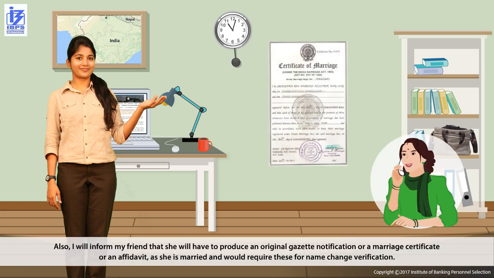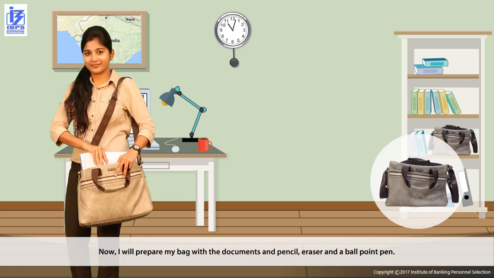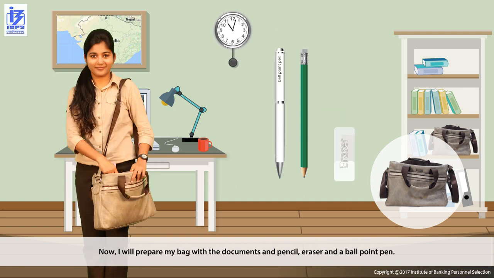Also, I will inform my friend that she will have to produce an original Gazette notification or a marriage certificate or an affidavit as she is married and would require these for name change verification. Now, I will prepare my bag with the documents and pencil, eraser, and a ballpoint pen.